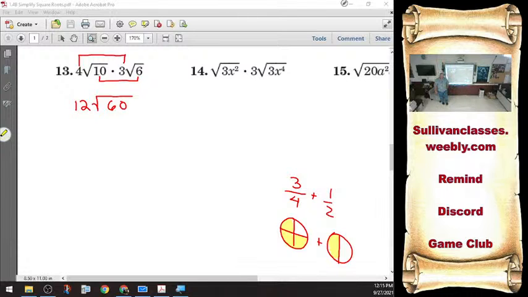I can't combine those because they're not worth the same. I can't say 3 apples plus 1 orange is now 4 banapples. Okay?